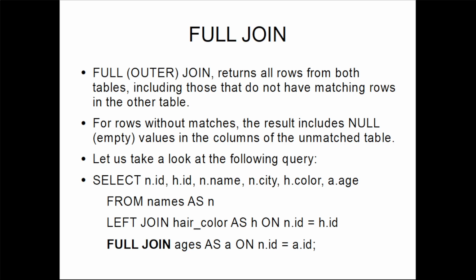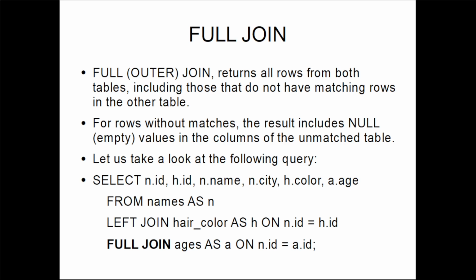Step 2, the full join with ages, aliased as a, includes all rows from the result of the left join, as in all names records, with hair_color matches or null, and all rows from ages, even if they do not match an ID in names. For unmatched ages rows, names.id, names.name, names.city, and all hair_color columns are null.